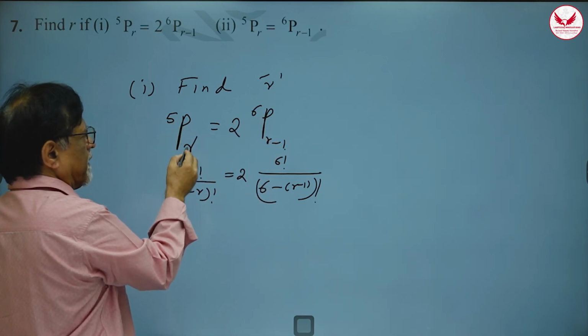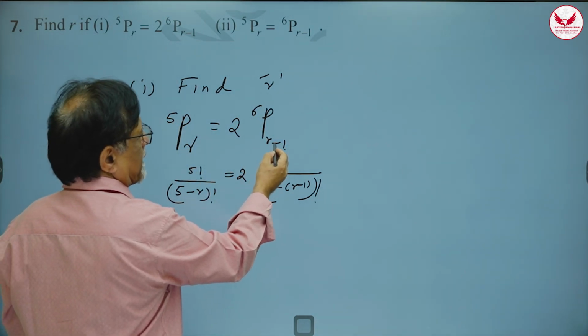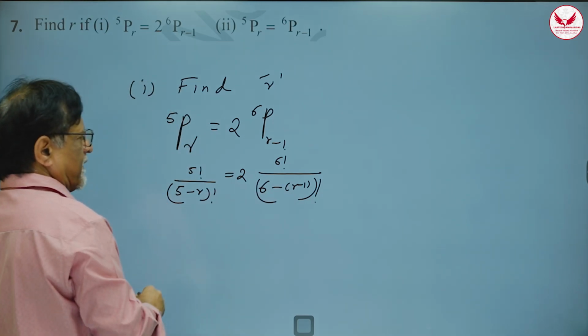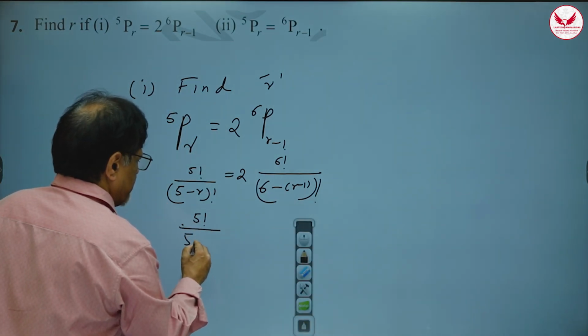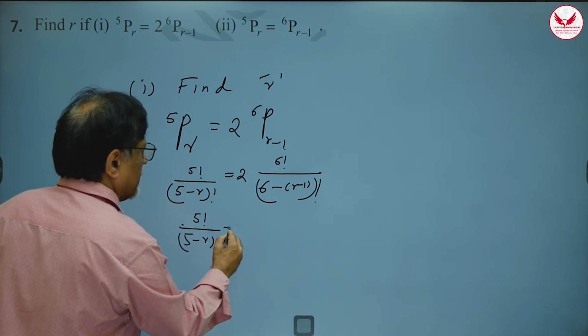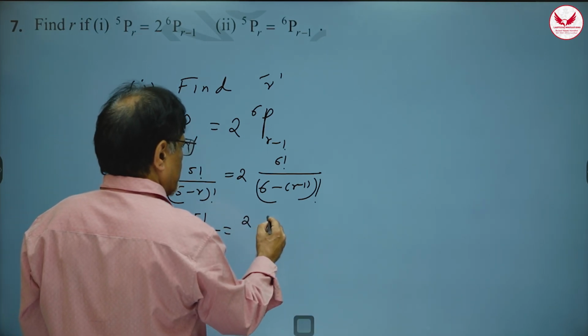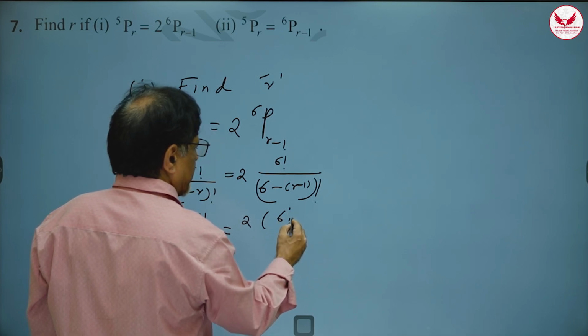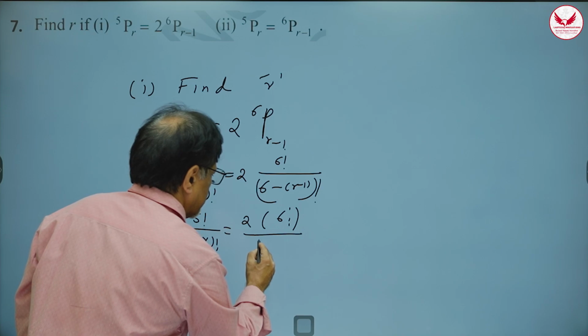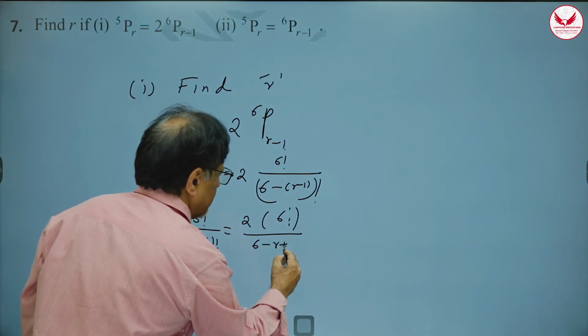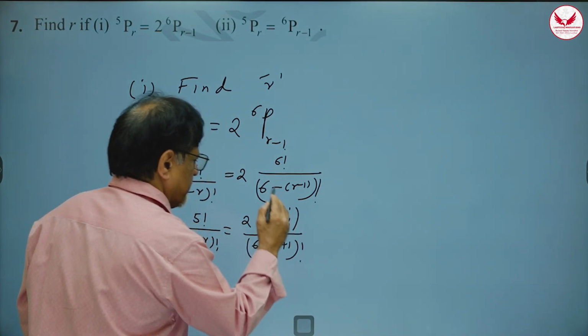Here also I have subtracted r from 5. Here I have to subtract r-1 from 6. Therefore, it is like this. So it is 5 factorial divided by (5-r) factorial equal to 2 multiplied by 6 factorial divided by (6-r+1) factorial.